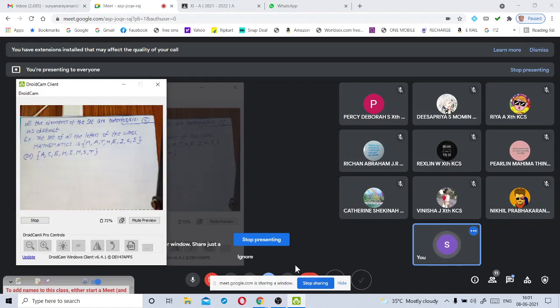That is the first rule. And the second condition is, all the elements of the set should be distinct. See here, all the letters are distinct. Is there any letter repeated here?